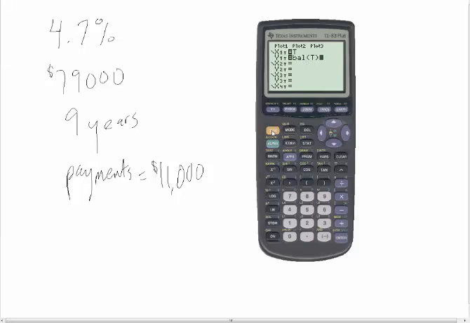And then we'll go to second function, table setup. So we're going to start at 0 and go up by 1. So that's counting the years. And then we'll go to second function. Let's do this first. We'll go to window.